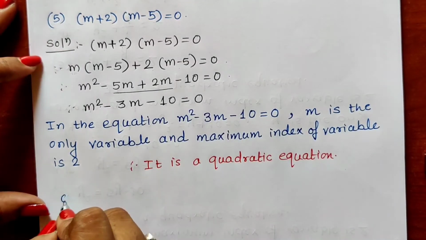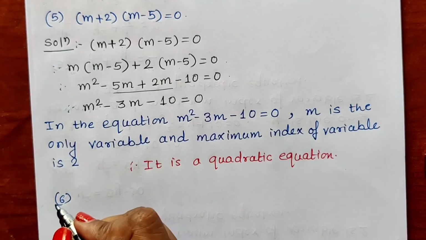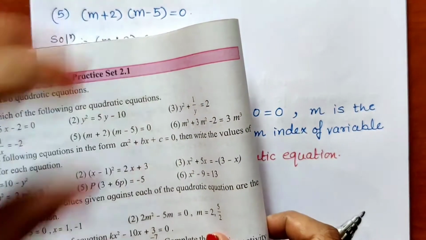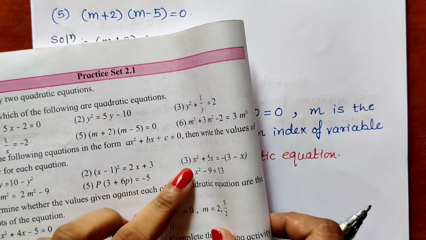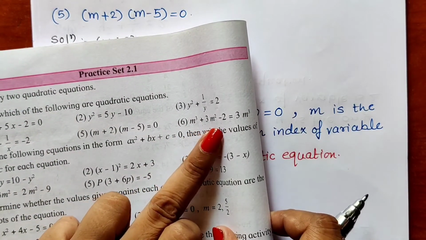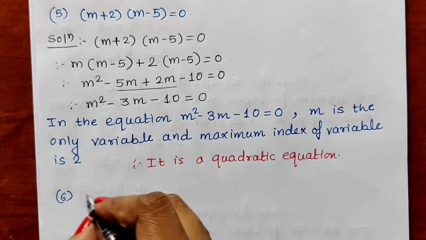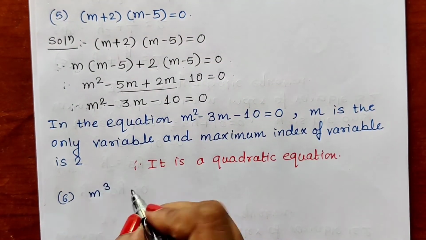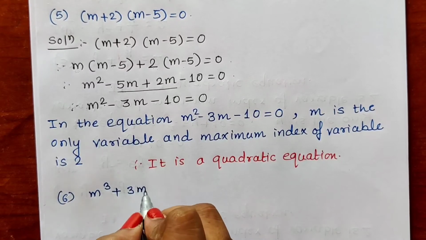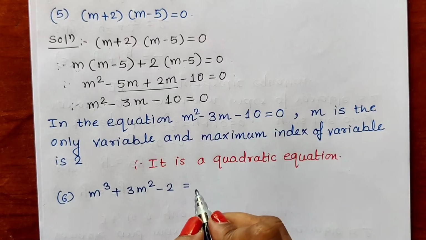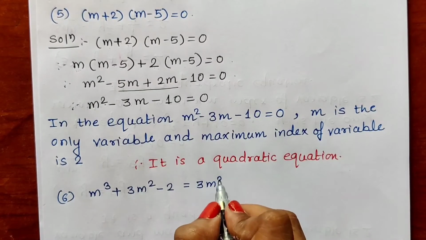Now let us see the last sum, which is the sixth one. Sixth one is m cube plus 3m square minus 2 is equal to 3m cube. So let us write here m cube plus 3m square minus 2 is equal to 3m cube.